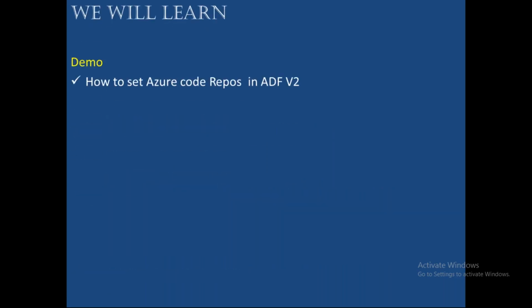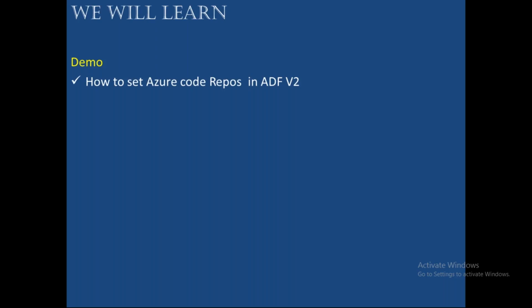In today's session we will mostly do a lab, but just before the lab I will also give some theoretical knowledge. With respect to the demo, we will see how to set up Azure code repos in ADF v2. What is code repos? It's basically where we are going to store our code.